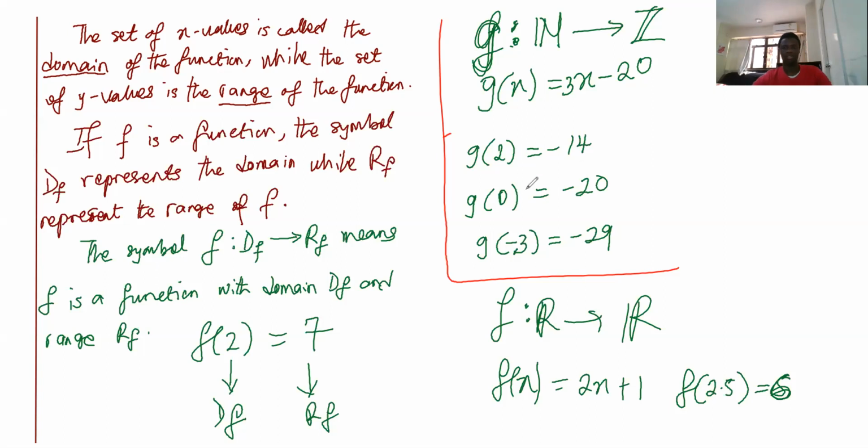So yes, this last one does not make sense, and this also does not make sense because the domain is a set of natural numbers. This -3 and 0 do not belong to n.